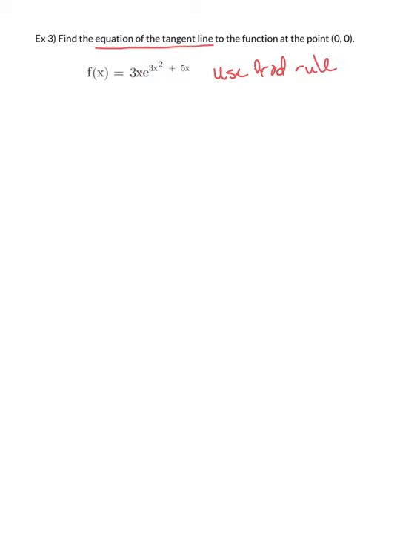Putting the product rule into practice here, we're going to take our first, which is 3x, times derivative of the second. Derivative of the second is an e, so we are going to rewrite the e exactly as given, times derivative of the power, which is 6x plus 5.